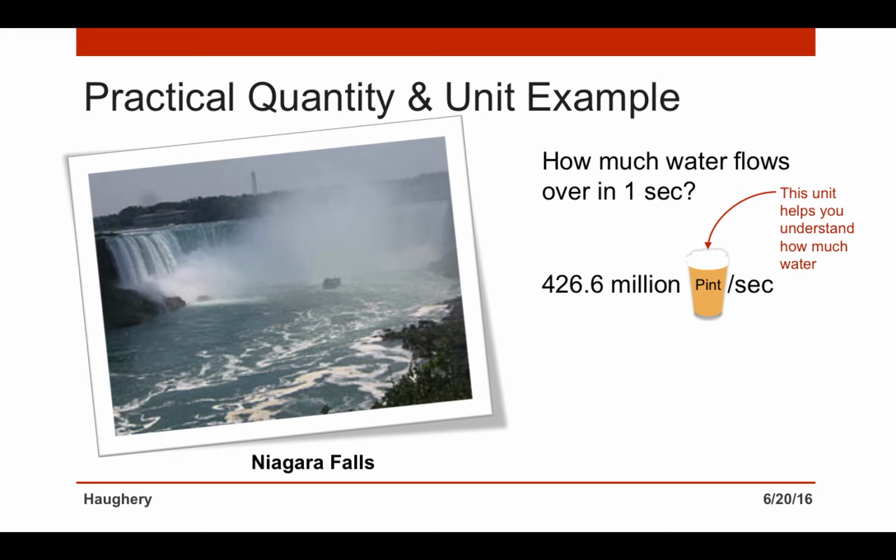Whether we can visualize 426.6 million of those in a second, maybe not, but at least we've broken it down into a unit that we understand, a reference point. And of course, written out without the decimal form, it looks like that. So this pint is just a unit that we've agreed upon, that probably most of us have experienced, so we can visualize it and relate to it.